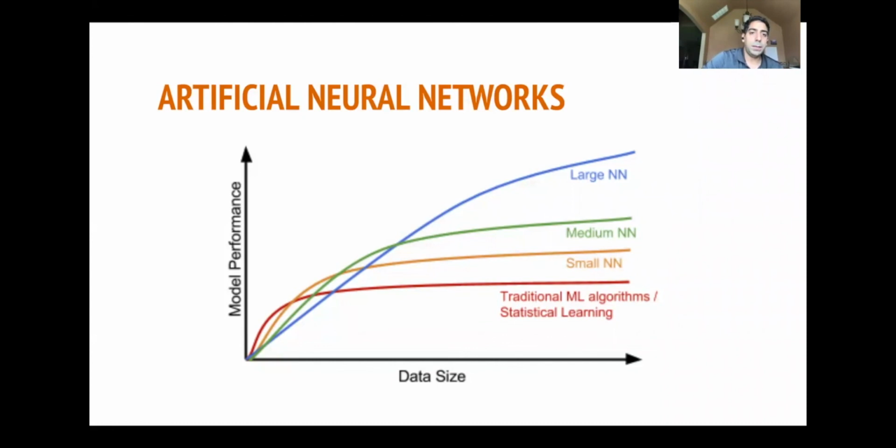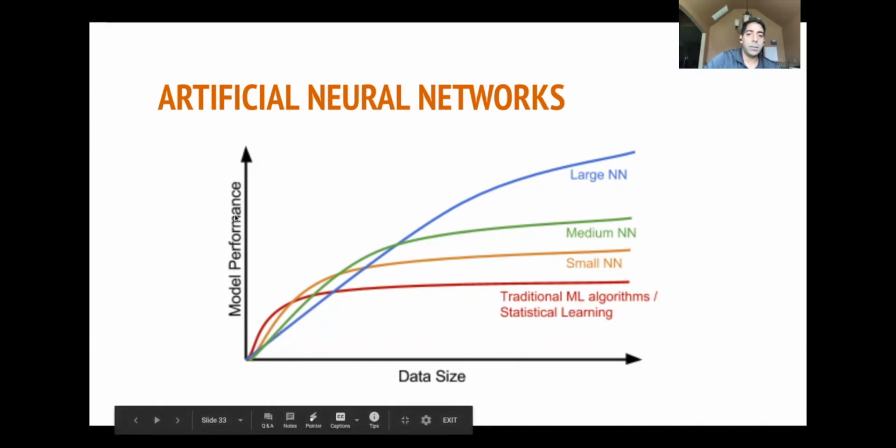So why are artificial neural networks doing so well recently? There's a graph that shows how they compare with each other. The traditional machine learning algorithms, like the ones I talked about earlier, do pretty well, and this is the model performance compared to how much data you have.